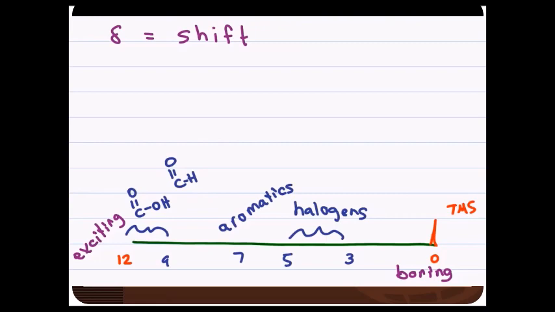Like I told you earlier, TMS is not a part of the molecule that you are analyzing. It's not in your sample, so don't worry about it. You see that little tiny peak at the very far right at 0. All right, so that is, in a nutshell, your nuclear magnetic resonance spectroscopy. Now I'm going to go back to the animated PowerPoint and let's practice some problems.